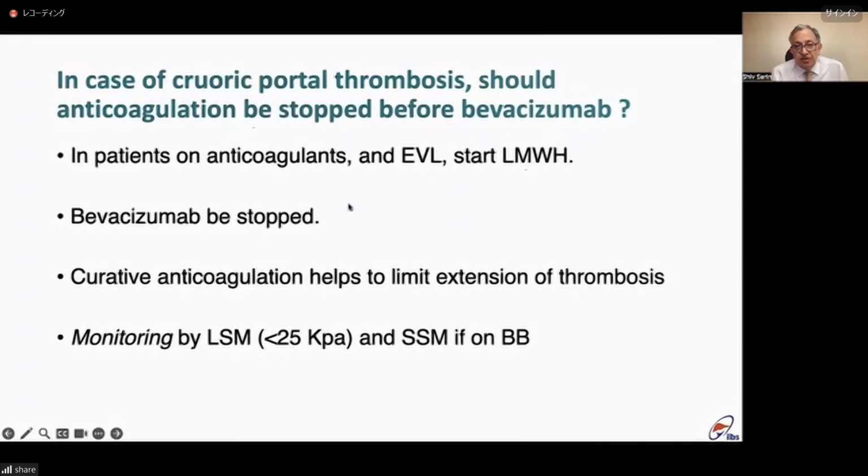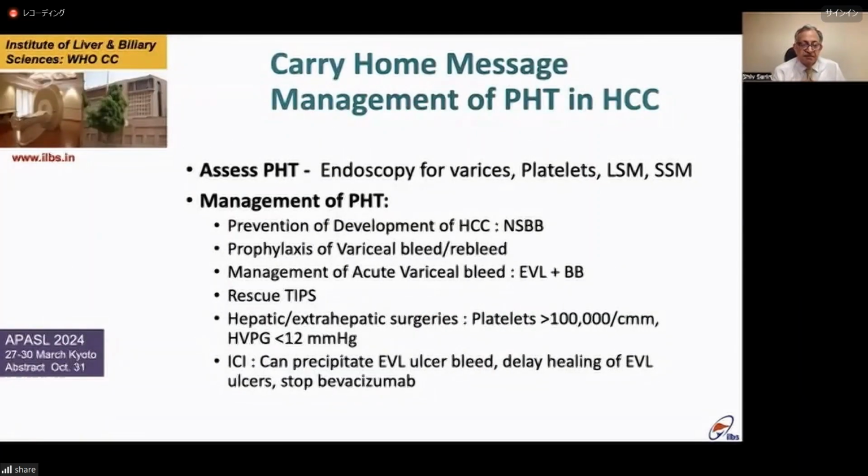Yes, you have to stop bevacizumab if you are giving low molecular weight heparin or anticoagulant. You will have to continue with anticoagulant so that the non-tumor thrombus does not increase. And you monitor such patients with liver stiffness measurement, try to keep it below 25, and add beta blockers. So in a non-tumor thrombus patient with HCC, you can start low molecular weight heparin and continue to prevent further progression.